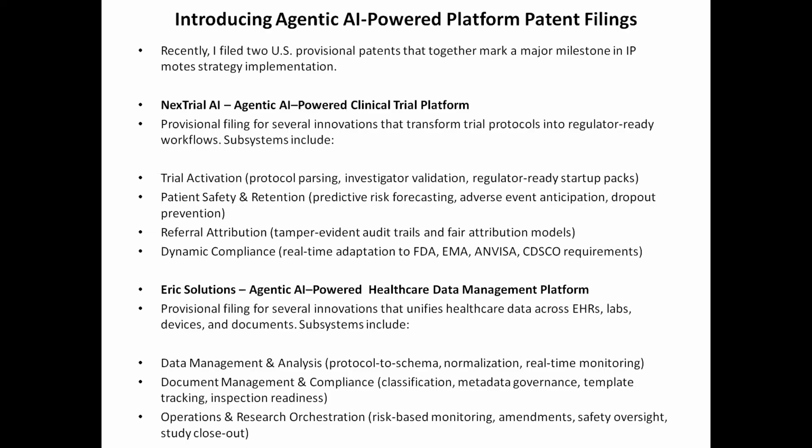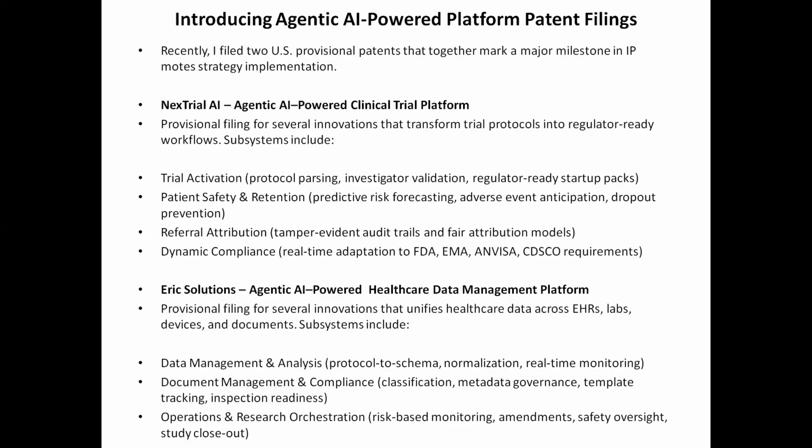One startup where I'm a strategy advisor is NextTrial AI. This company is a startup developing an agentic AI-powered clinical trial platform. I was a participant and an inventor, and we drafted a patent and I filed it as a patent attorney.